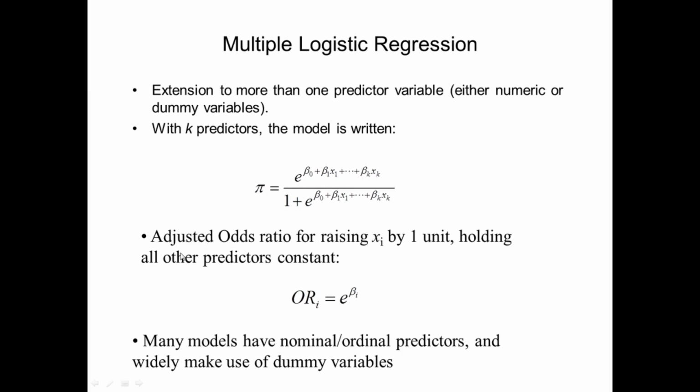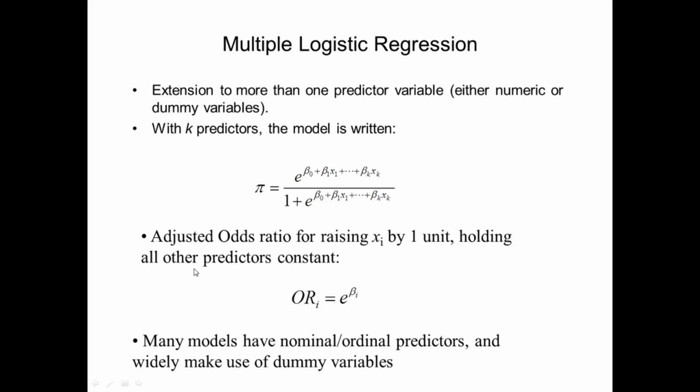So we can compute the adjusted odds ratio of each explanatory variable, which is the exponential of the corresponding coefficient.